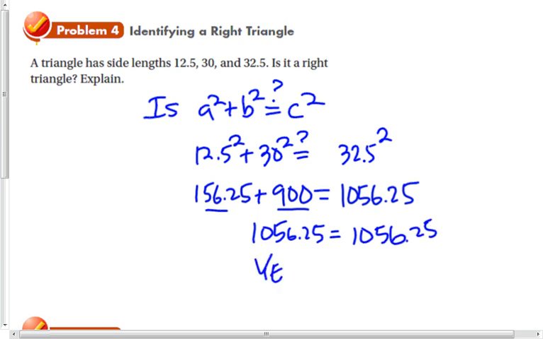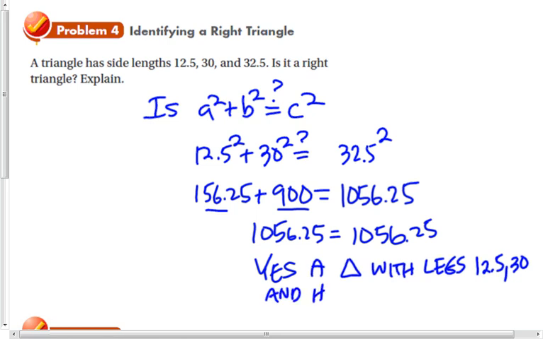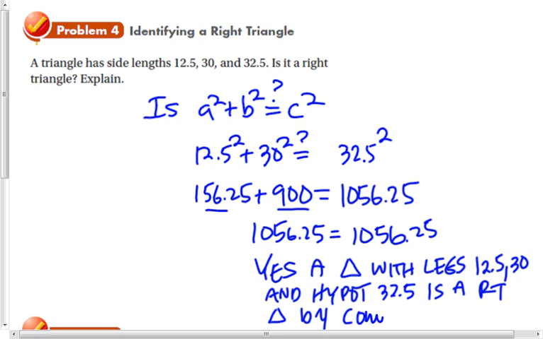So we're going to say yes, a triangle with legs 12.5 and 30, and a hypotenuse of 32.5 is a right triangle. And that's by the converse of Pythagorean's theorem.